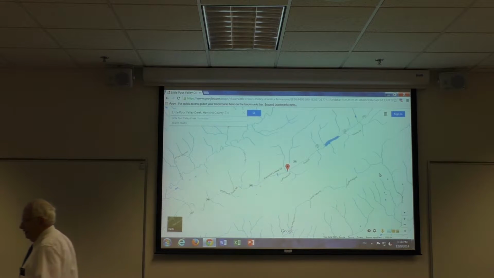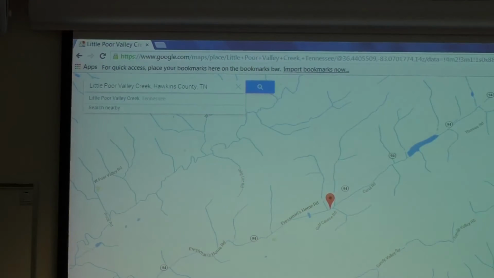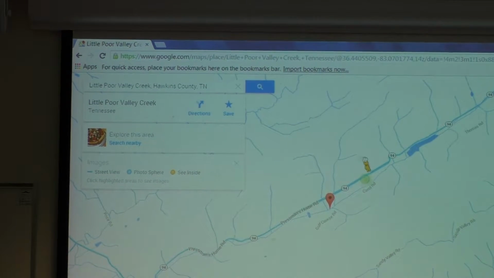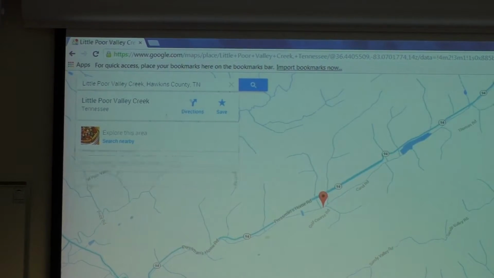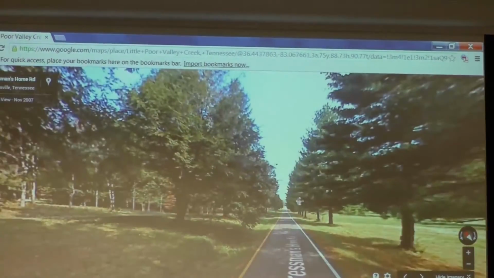So we try to find out a little bit about the area, particularly what kinds of things are there. So here we go. There's our guy. We drop him down. And yes, it certainly does look like that place.